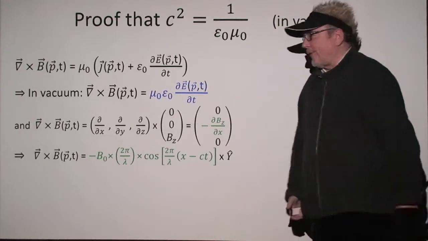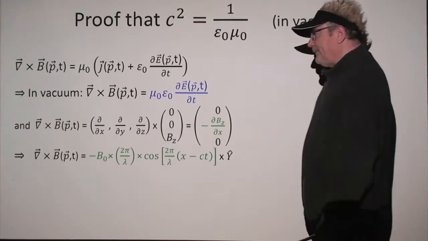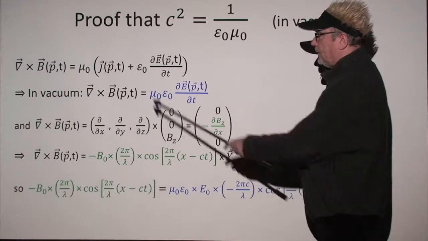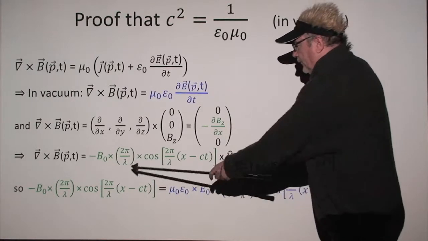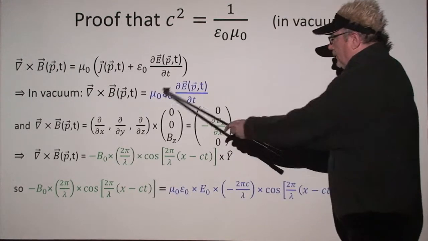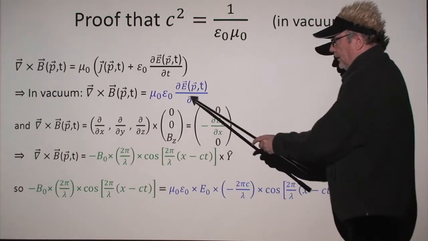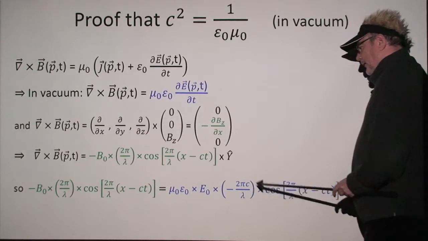Again, we've done that before, so I'm not going to redo it, okay? And therefore, according to that, we get this value equals that value here. And again, the partial derivative of E relative to t is equal to that.